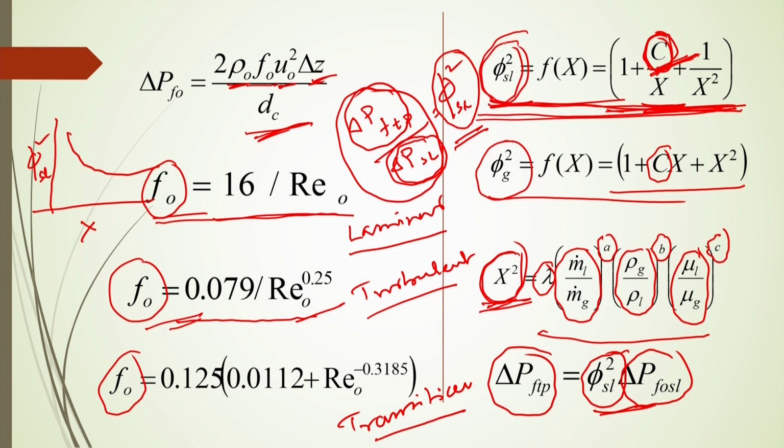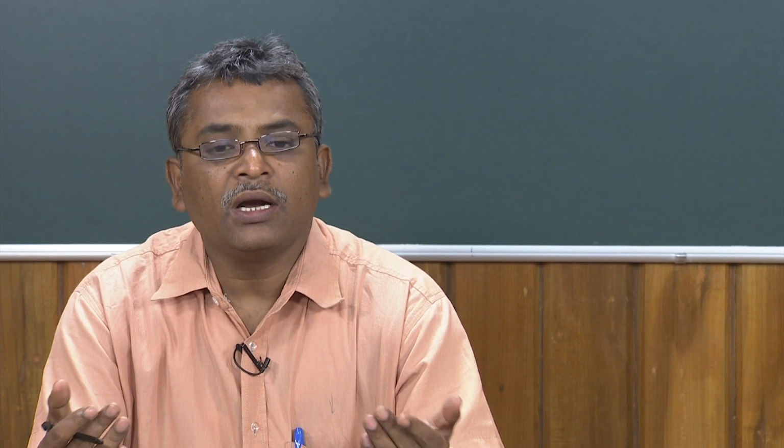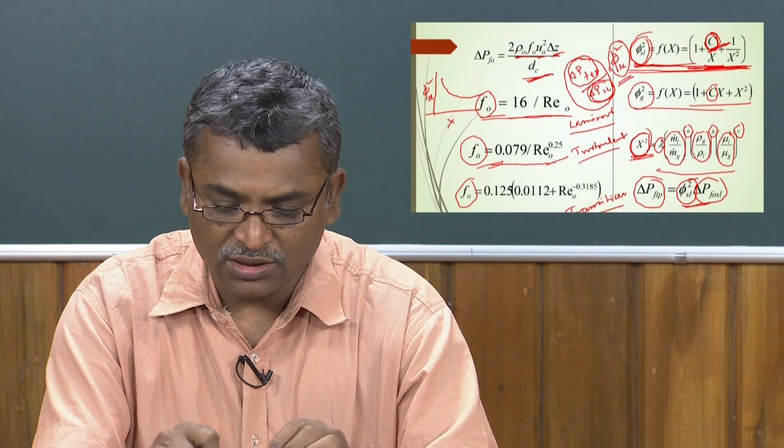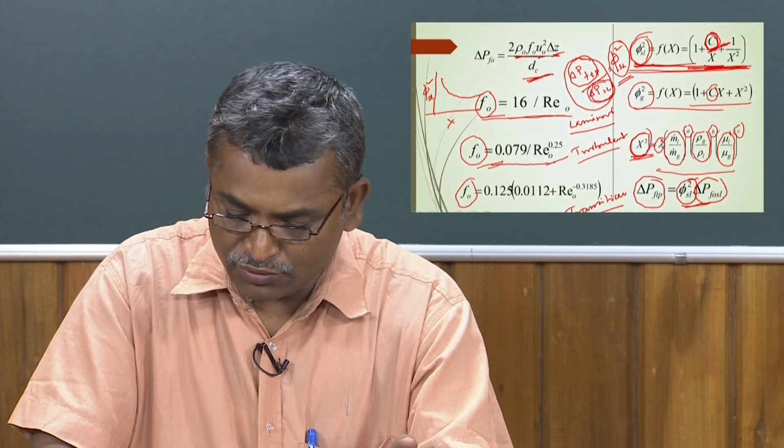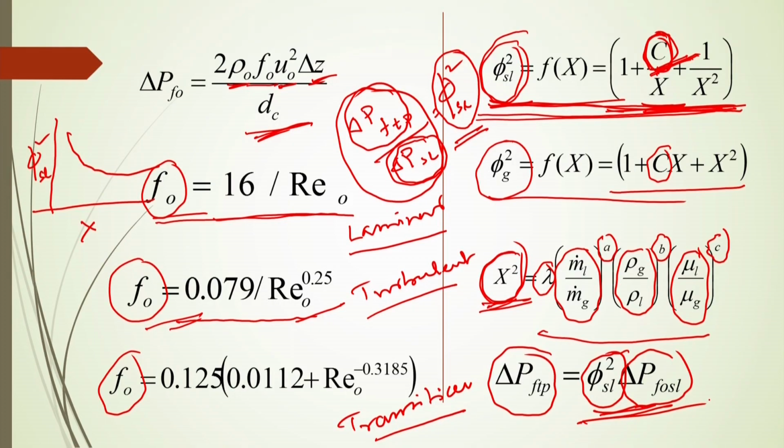Otherwise, you can directly correlate with the different operating variables by dimensional analysis, and you will get different dimensionless groups, and then you just correlate with this phi SL square. Once you know this phi SL, you can calculate the total frictional pressure drop here.